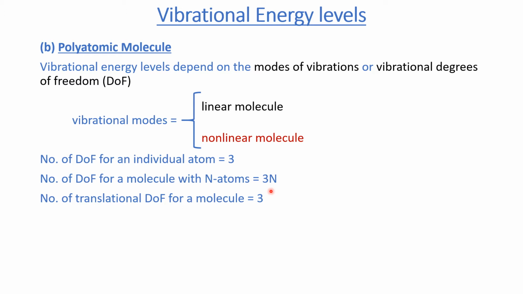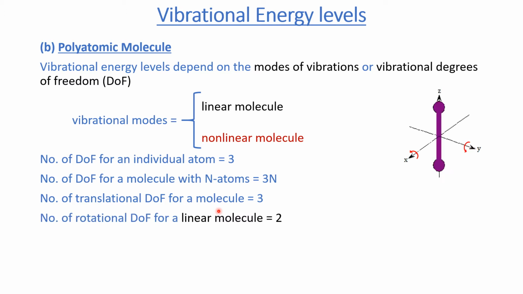Out of these 3n degrees of freedom, 3 are associated with the translational motion of the molecule. And if it is a linear molecule, 2 degrees of freedom are associated with the rotational motion of the molecule.